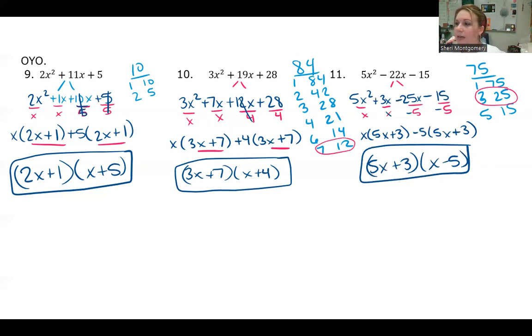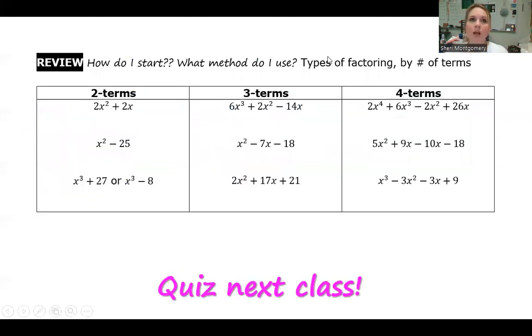Yes, we're gonna turn it in, but I have one more thing I want to show you. I made this chart to help you as you're going through and doing your homework. You've got mixed practice, so you can figure out what type of factoring you're doing. When you have two terms and the top one, that's just a GCF. It's the same thing for all of these: GCF, GCF, GCF.